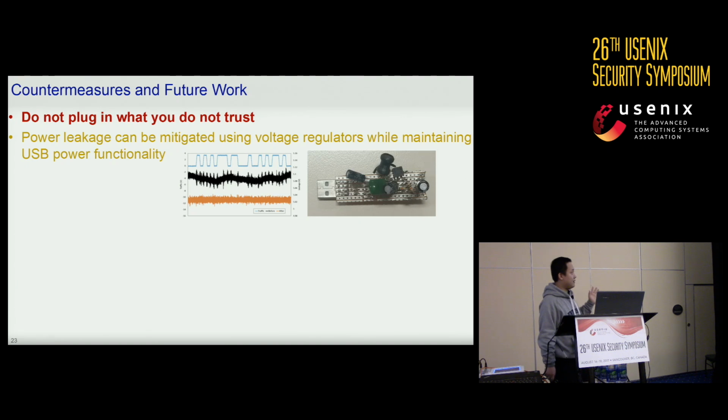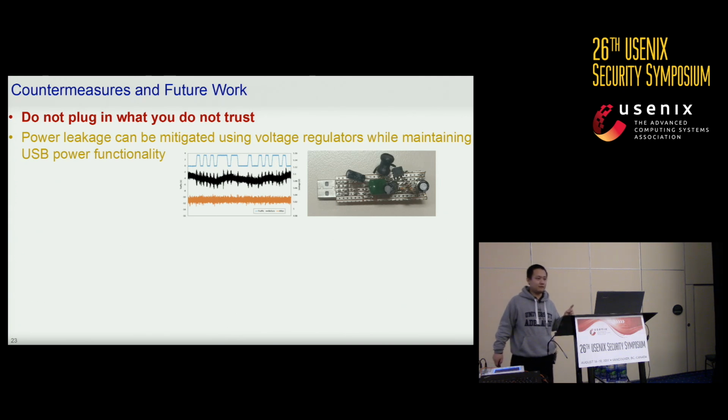This picture shows what the voltage regulator looks like. On the diagram's left-hand side, the black trace shows the power line before entering the voltage regulator. You can see there are many crosstalk spikes.